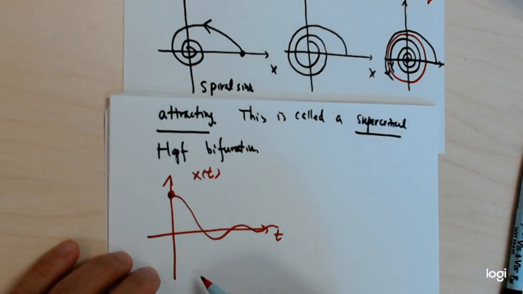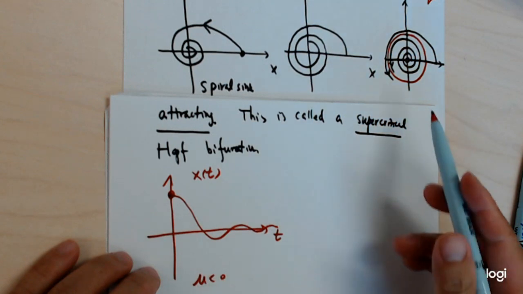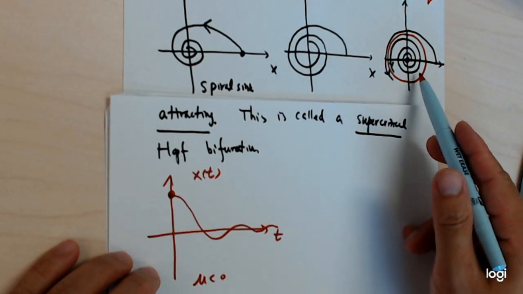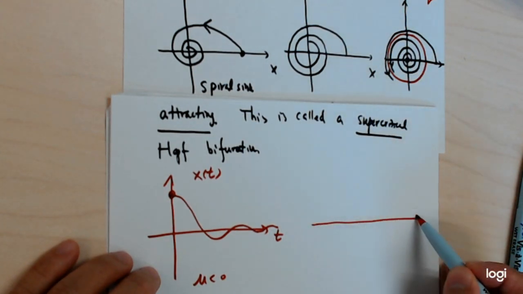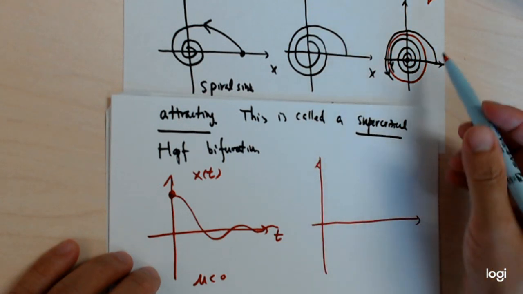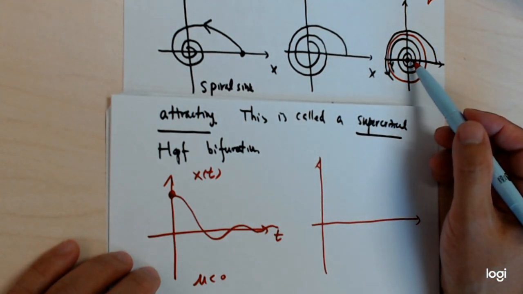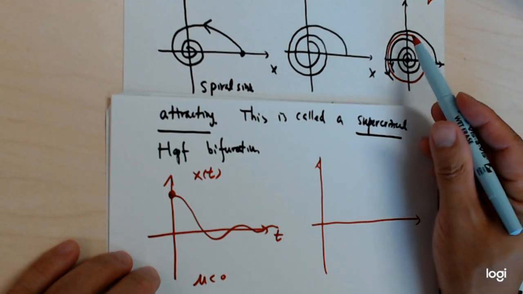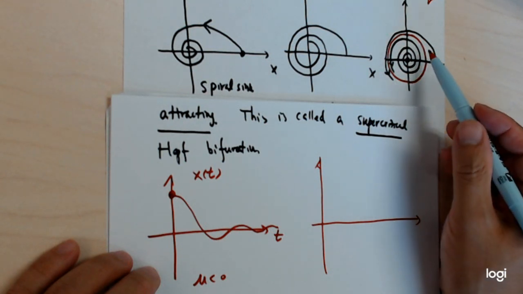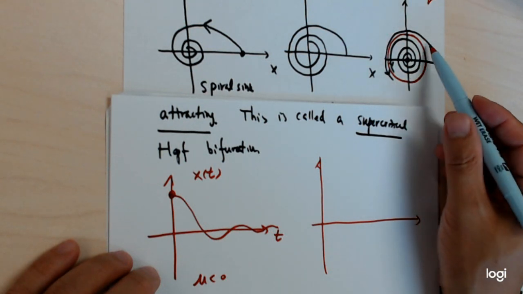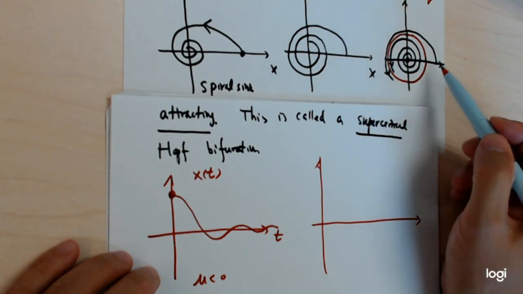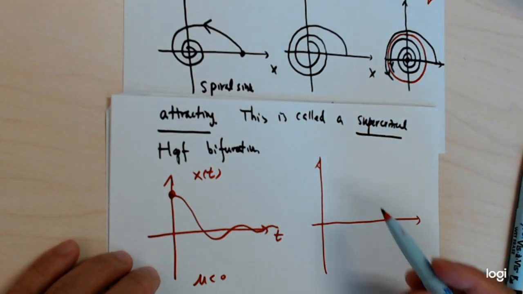Once again, this is for mu negative. When mu is positive, the solution all becomes almost periodic. You start somewhere inside, and it becomes almost periodic. Starting outside, in the long run, it approaches a periodic solution.